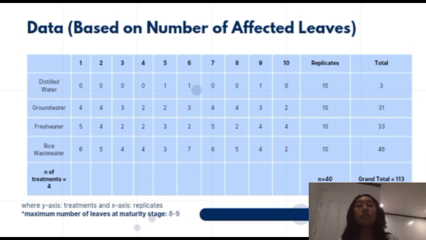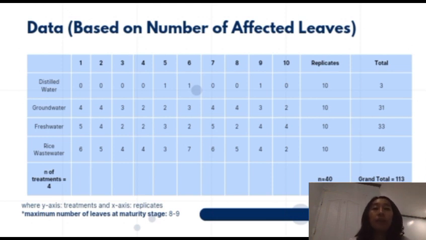Along that, the rest are our data, the data for replicate 1, depending on its treatment, and so on. Since we have 10 replicates each and 4 treatments, we have a total of 40 replicates.